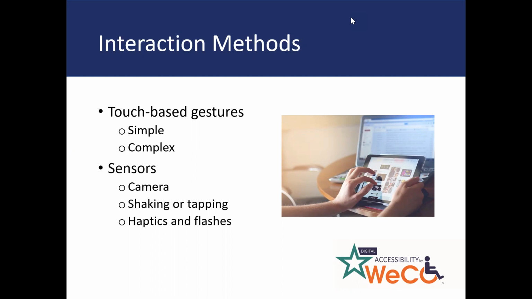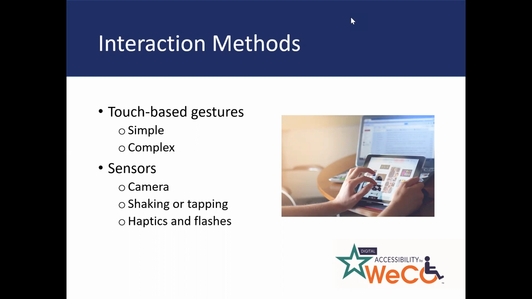Gestures can present unique challenges for users living with motor disabilities who may have partial or no control over their hands, arms, or upper body. Mobile devices also benefit from a suite of hardware sensors, which can be leveraged to provide extra accessibility features.